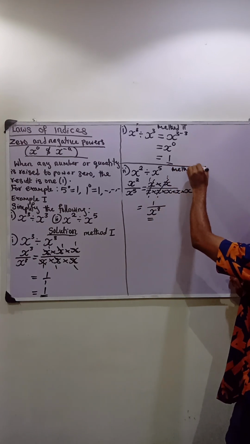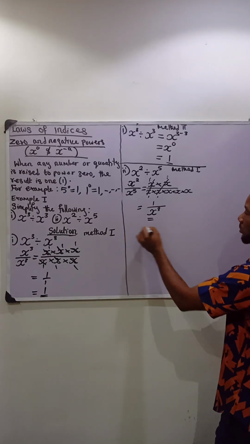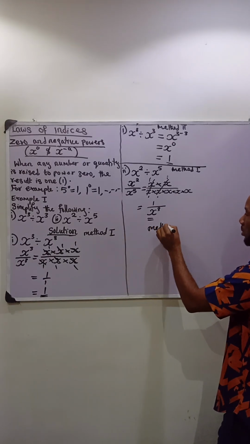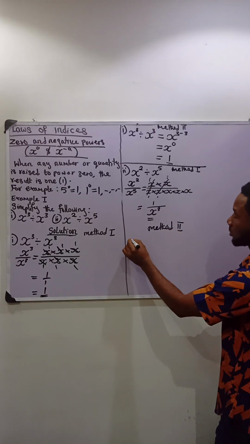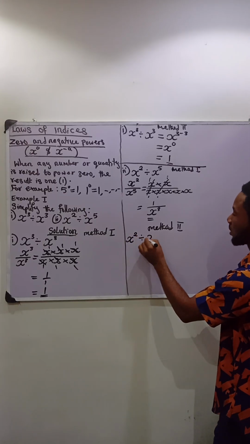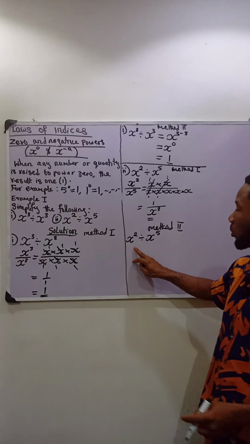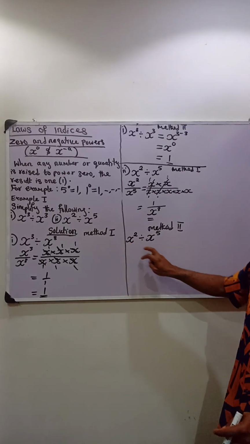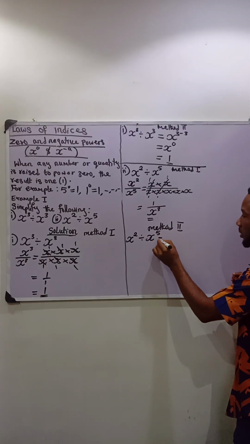But if you don't like this method, you can also use the other method, method 2, to solve the same question. We have s raised to the power of 2 divided by s raised to the power of 5. Now, if you watch this question, they have equal base. S is their base. Pick one of the base.